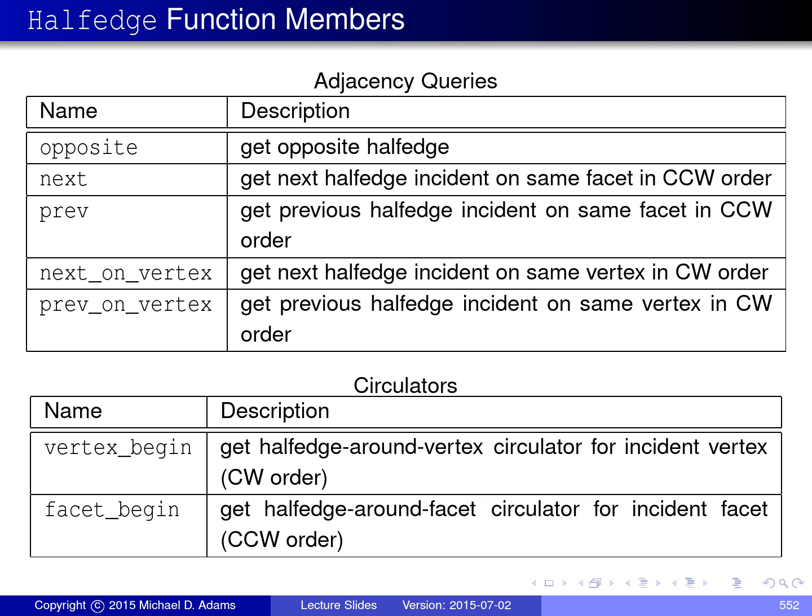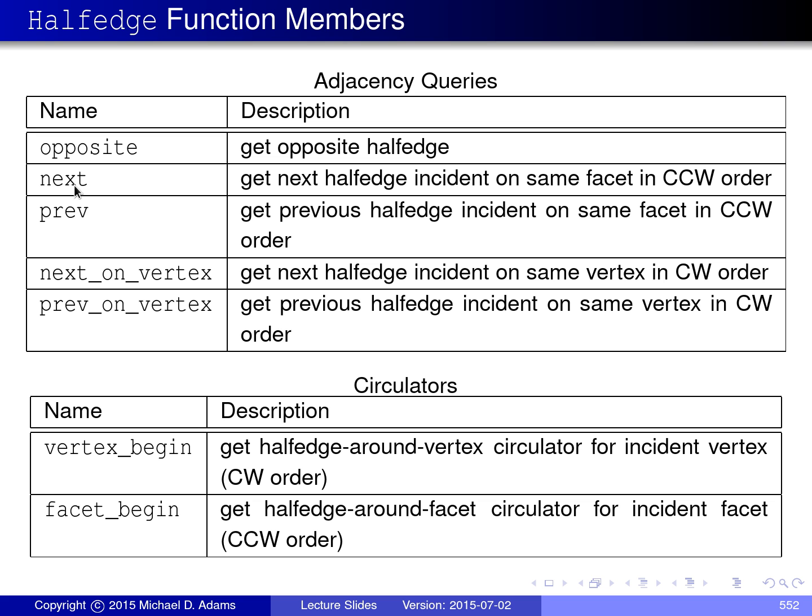On this slide and the next few slides, we're going to examine some of the member functions provided by the halfedge class. The first group of functions here are for adjacency queries, or for extracting adjacency information from a mesh. The first function, opposite, gets the opposite half-edge. In other words, it gets the half-edge that's associated with the same edge but oriented in the opposite direction.